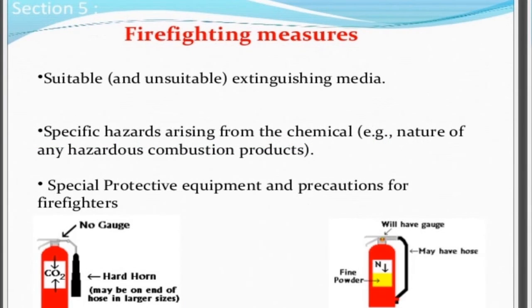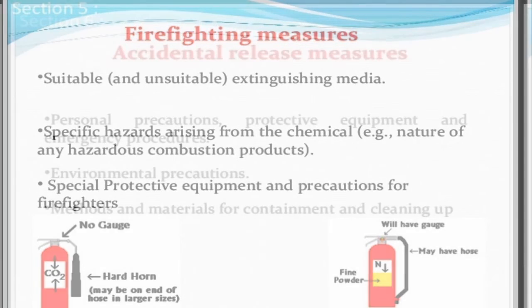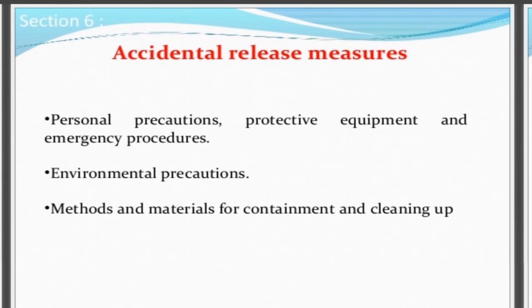The next section contains firefighting measures. It gives information on suitable or unsuitable fire extinguishers for firefighting. The next section contains accidental release measures: personal precautions, protective equipment and emergency procedures, environmental precautions, methods and materials for containment and cleaning up.